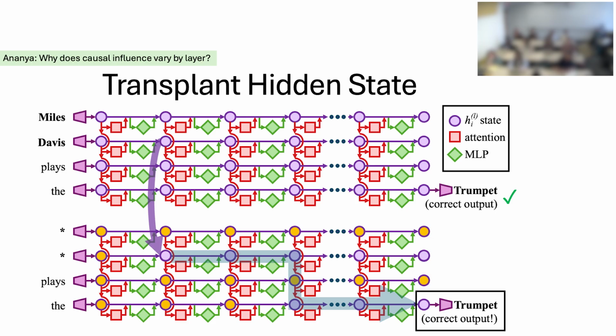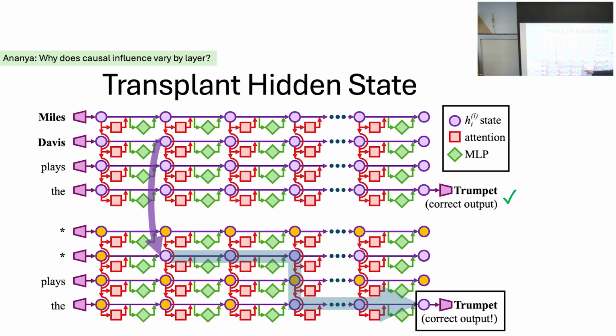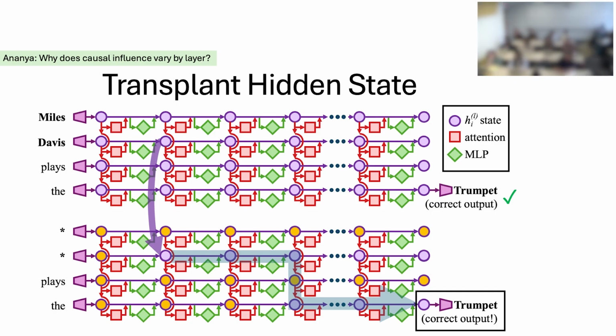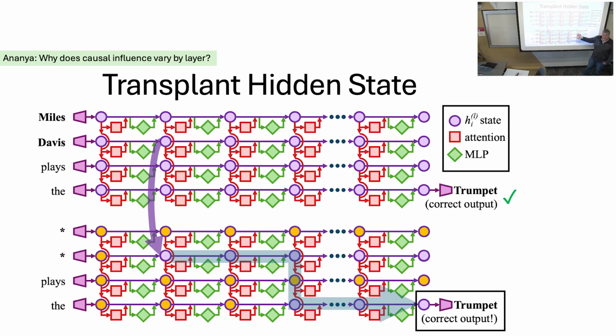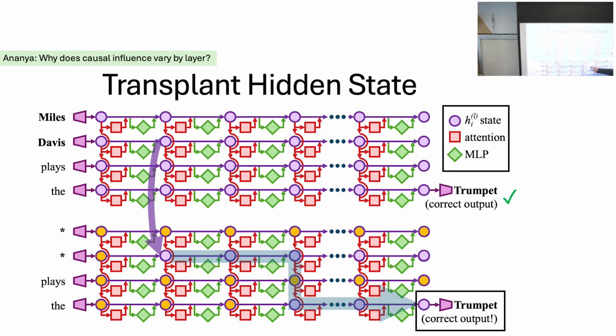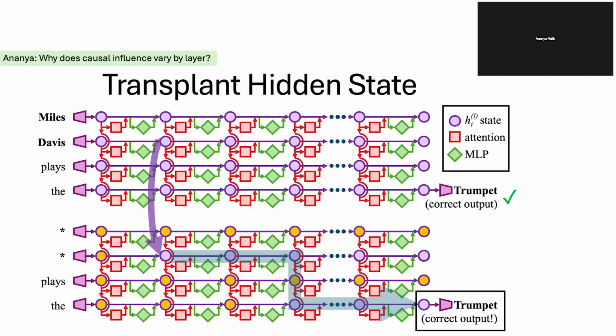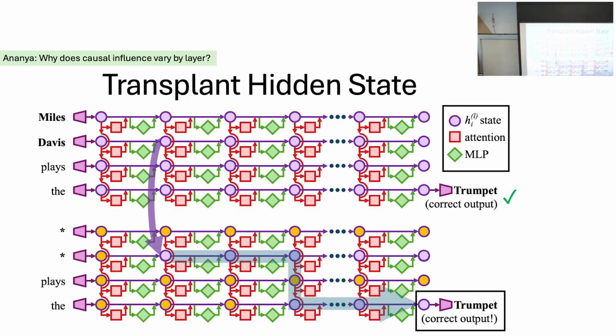Of who this person is or what instrument they play. And then that information hangs around at this layer for a little while till layer 20 or so. And then all of a sudden, the information flow path moves over to a different token, and the information may still be there at this token, but after layer 20, it's not on the path anymore. So if we do a causal intervention too late, right here, then it no longer has an effect.